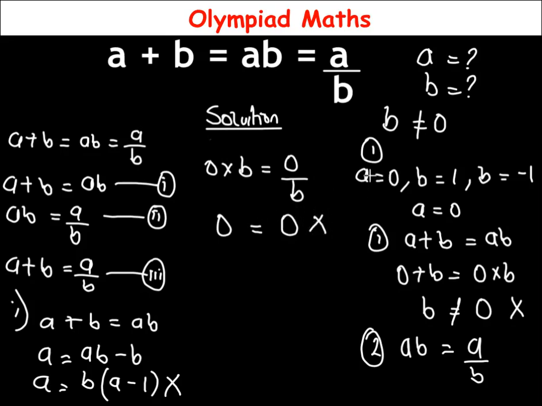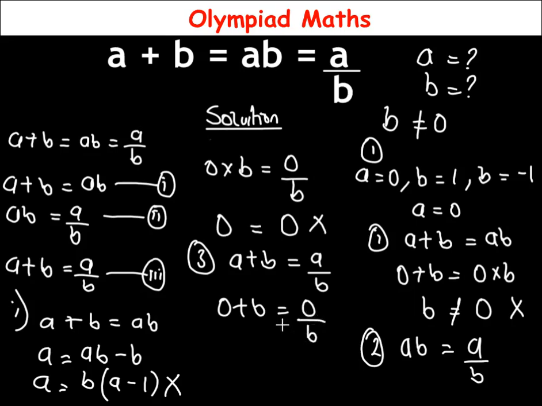The next one, let us input A equals 0 into equation 3. So equation 3 is A plus B is equal to A over B. So with A as 0 now, 0 plus B is equal to 0 over B. Now 0 plus B is B. Okay, this equals 0 over B, which is 0. And the value of B cannot equal 0. This also is wrong.